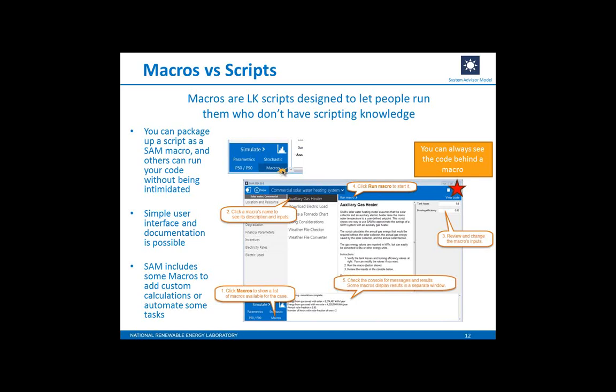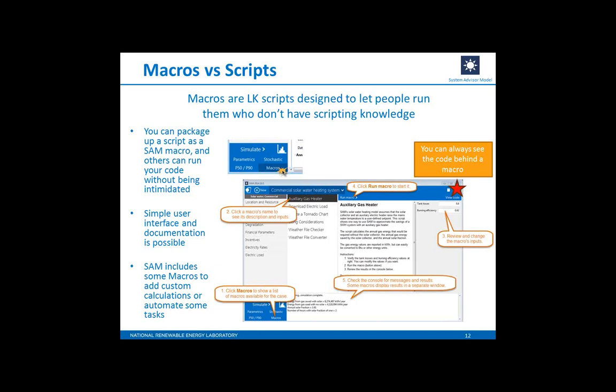And you can pretty easily take a script that you've written, package it up as a SAM macro, and then it'll just show up in SAM's macro library. There's information in the documentation or in the forum about where to put your script file so that it shows up. And then you can put in some documentation and create a really simple user interface for somebody to change some variables and then run your script.